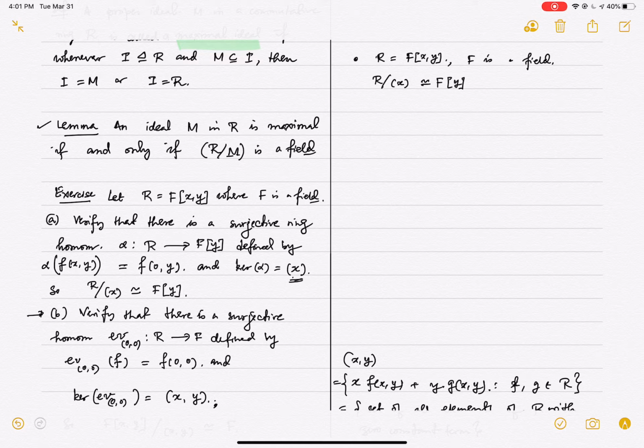And the one variable polynomial ring is certainly not a field. The only units in a one variable polynomial ring over a field are the constants, and there are plenty of non-constants like y and y squared, etc. This is not a field, so by the lemma, this is not a maximal ideal.